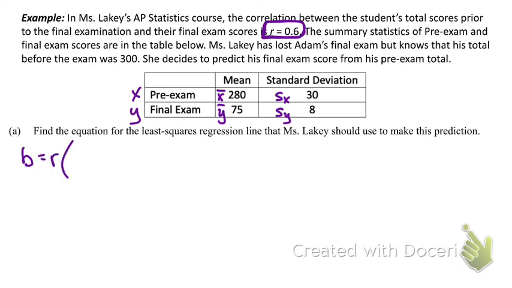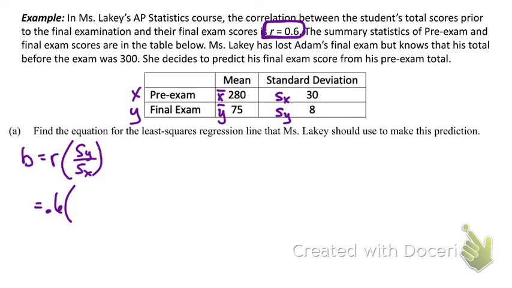B equals R times S sub Y over S sub X. R was 0.6. Now, I'm going to tell you guys that the most common mistake is right here. People will take this 30 over 8 and put it right here as 30 over 8. Why would that be wrong?